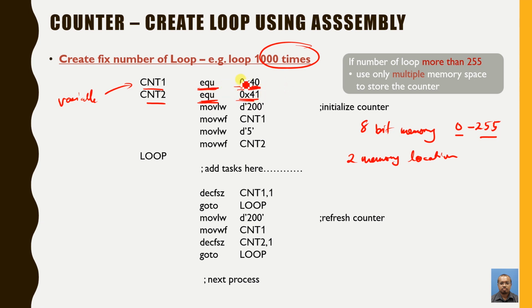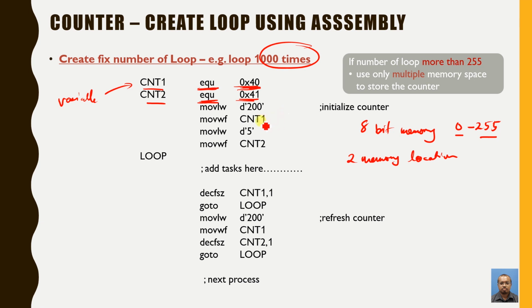The assembler will translate it later on to 0x40 equals count 1. If not, instead of count 1 here, you can just use 0x40. But when you do programming, you have to use something familiar to you, so that it's easier for you to troubleshoot. So instead of using 0x40, you use count 1.